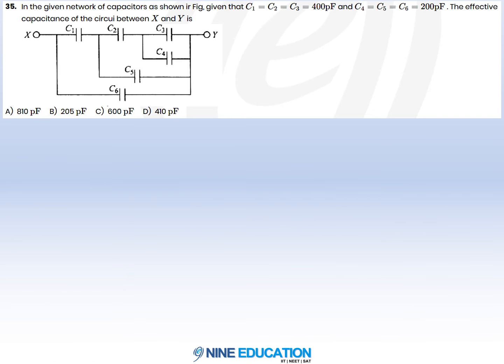So in this question, what we have to find? We have to find the equivalent of the combination of capacitors. In series, equivalent capacitance is C1 C2 upon C1 plus C2. In parallel combination, C equivalent is simply C1 plus C2.